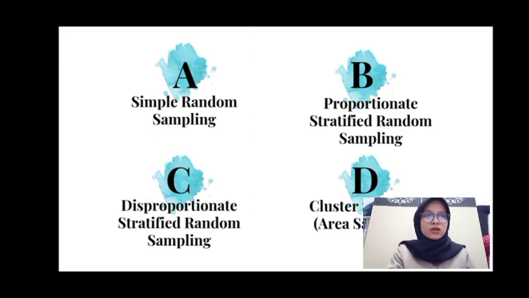Cluster sampling or area sampling is also cluster random sampling. This sampling technique is used when the population doesn't consist of individuals but consists of groups or clusters. Area sampling technique is used to determine the sample if the object to be studied or the data source is very broad.